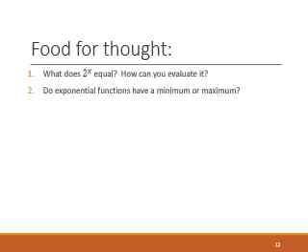So it stands to reason that 2 to the pi is more than 2 to the 3rd power, but it's less than 2 to the 4th power. But how would you know what exactly it is, since you can't express pi as a fraction? So I just let you think about that, and if you're curious or if you want to throw out possible answers, again, maybe start something on the discussion board.